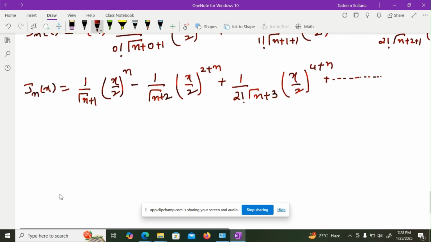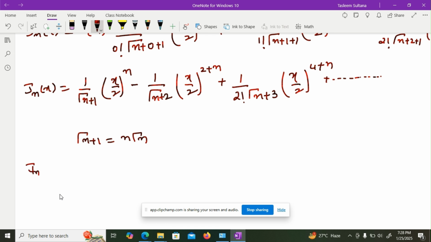Where we know that gamma of n plus 1 is equal to n into gamma n. So this formula we will use. We can split this n plus 2 as n plus 1 plus 1.